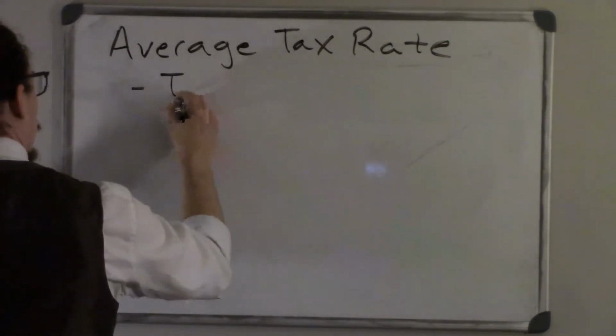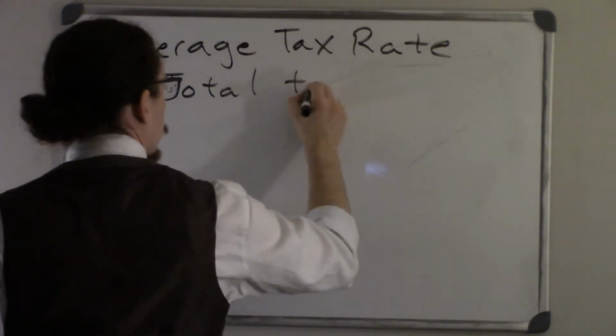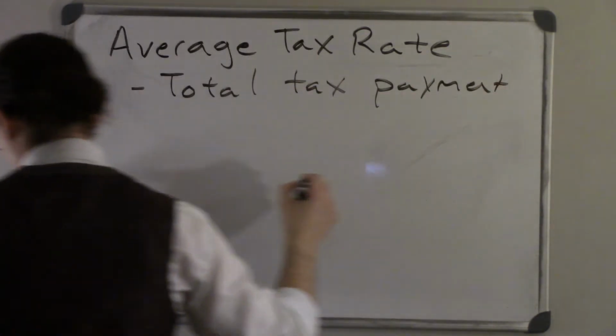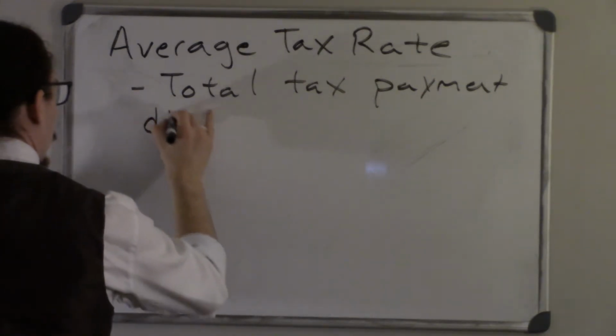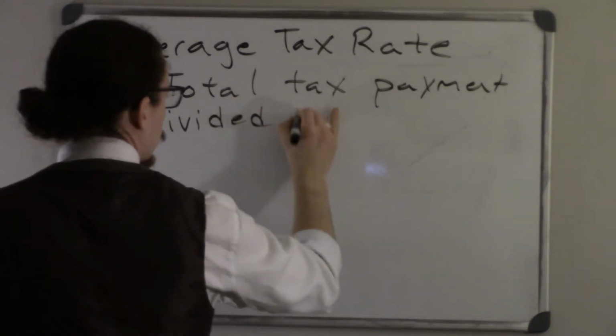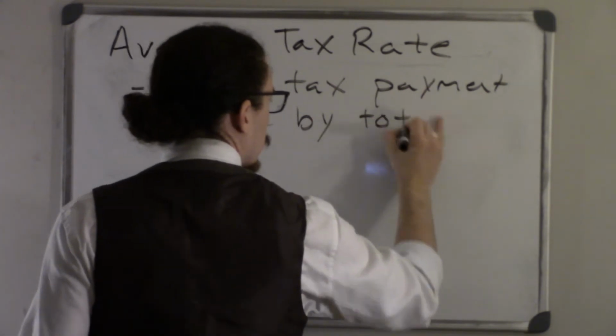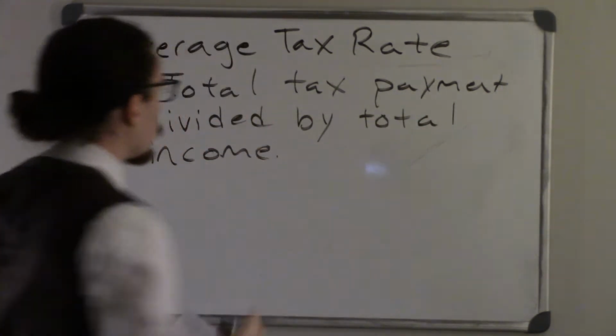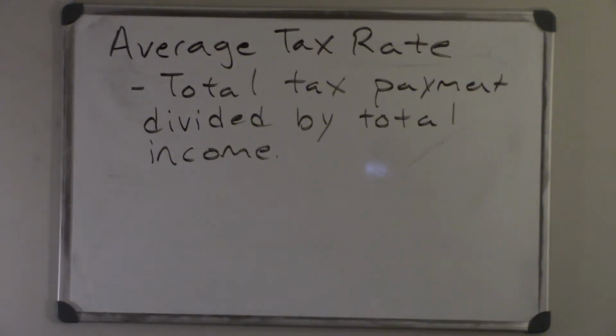All right, and our average tax rate is the total tax payment divided by your total income. All right, that is what our average tax rate is.